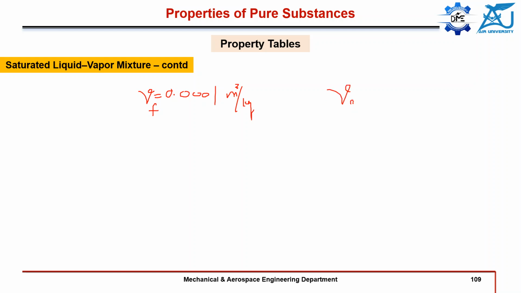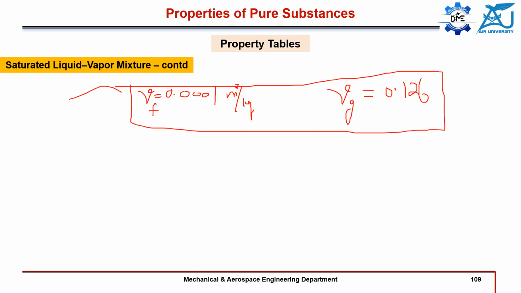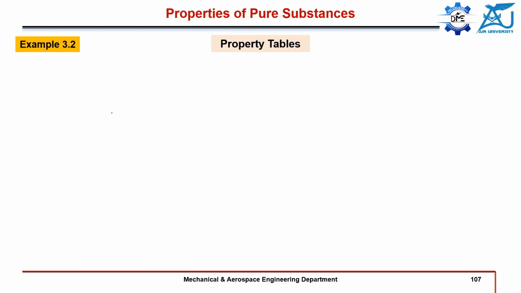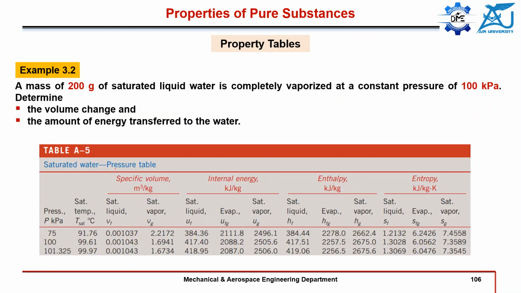Similarly, small vg is for the vapor, so let's assume it is 0.126. We know this is for a given saturation temperature or saturation pressure. This is hopefully clear to us. You should know this. Let's see an example just for remembering. For example, if we are talking about 100 kilopascals, for a given saturation pressure, we have a fixed value of vf and vg.